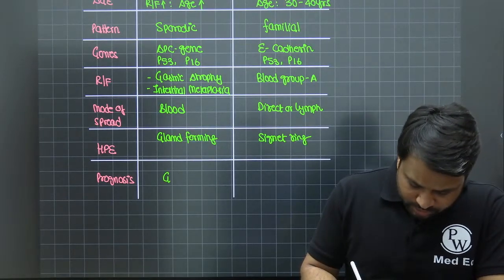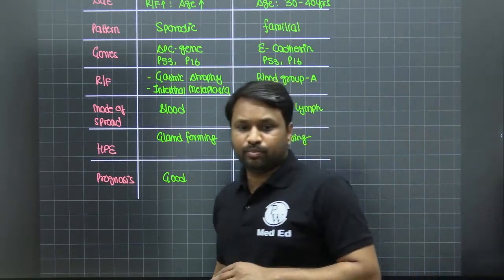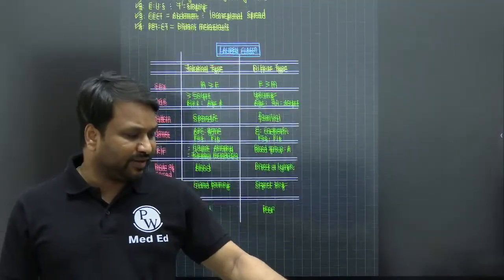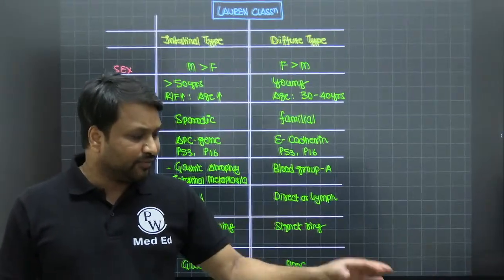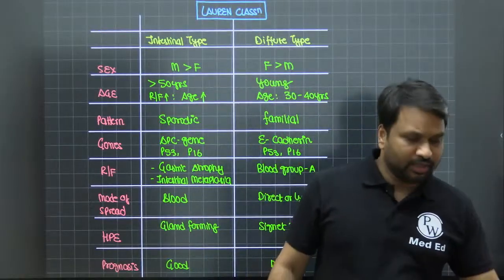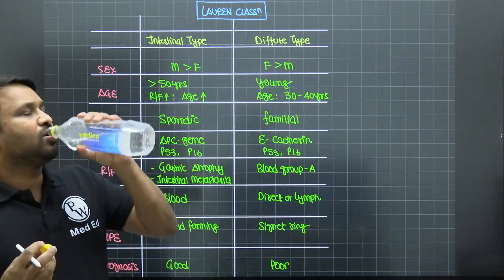The prognosis here is going to be good, whereas the prognosis here is going to be poor. So this is the Lauren classification. In fact, it is a very famous classification to differentiate between the intestinal variety and the diffuse variety.